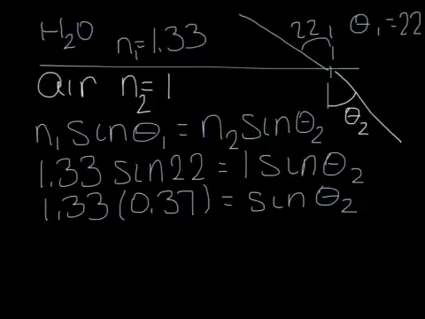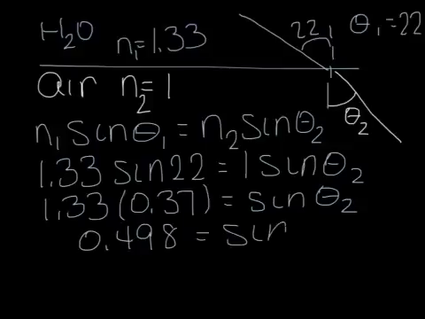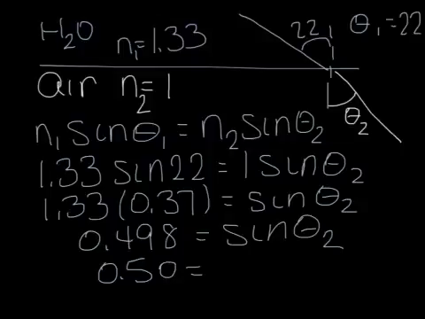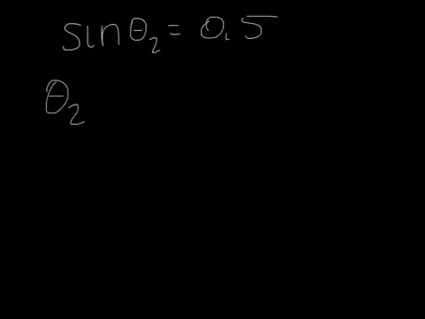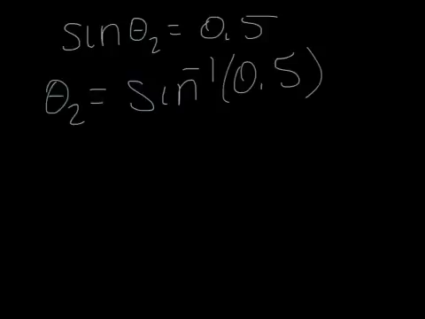So 1.33 times 0.37 is 0.498, which is equal to the sine of theta 2. I'm going to go ahead and round, so this is the same thing as 0.50 equals the sine of theta 2. You do the inverse sine. So sine of theta 2 is equal to 0.5, so that means theta 2 is equal to the inverse sine of 0.5, which is 30 degrees.